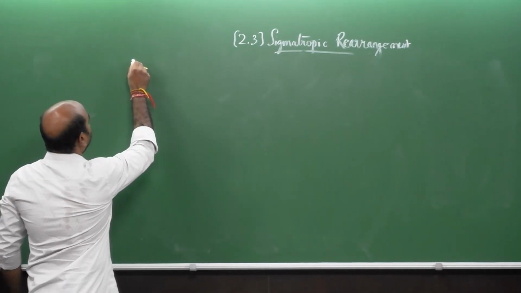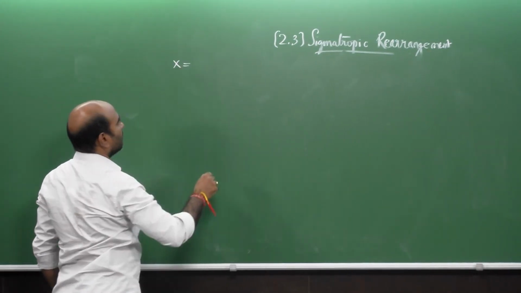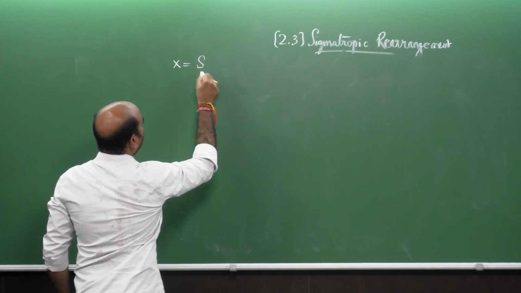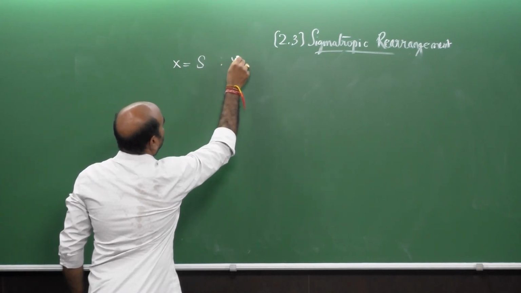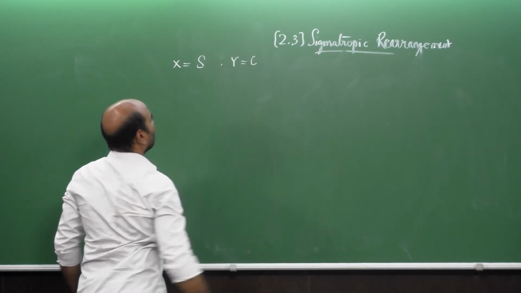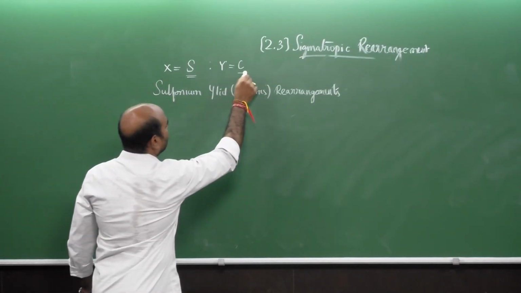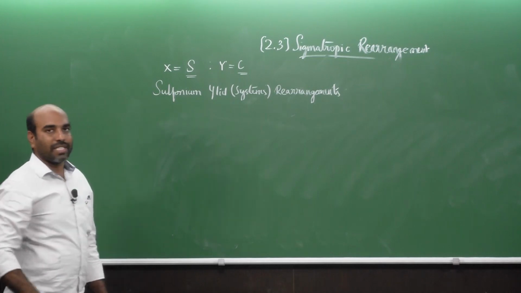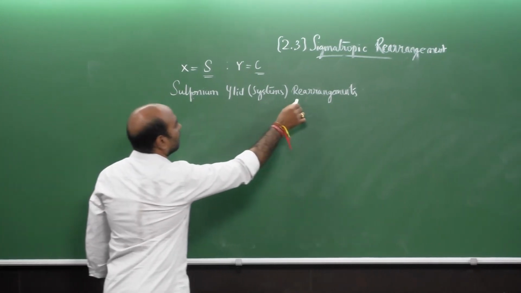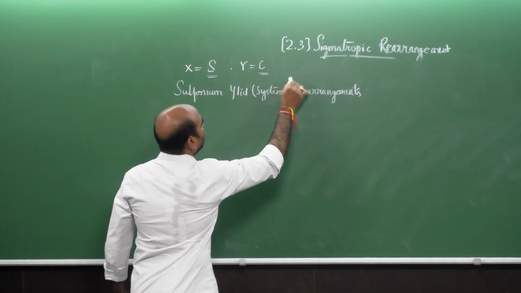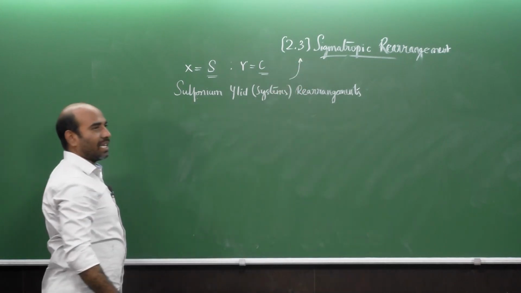So, what if the X is a sulfur atom and the Y is a carbon atom? If X is a sulfur atom and Y is the carbon atom, we call such systems sulfonium ylide systems, which can perform the 2,3 sigmatropic rearrangement.